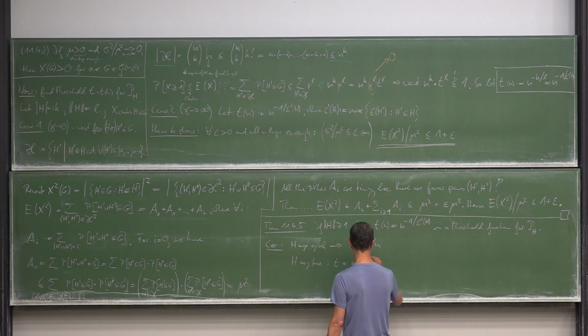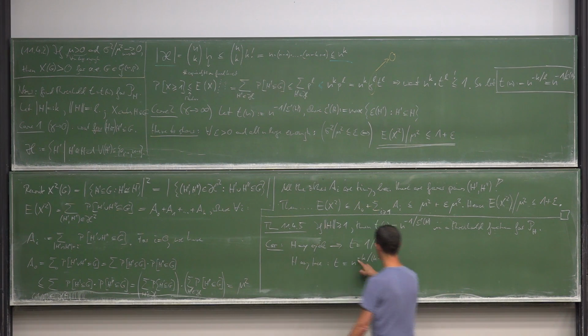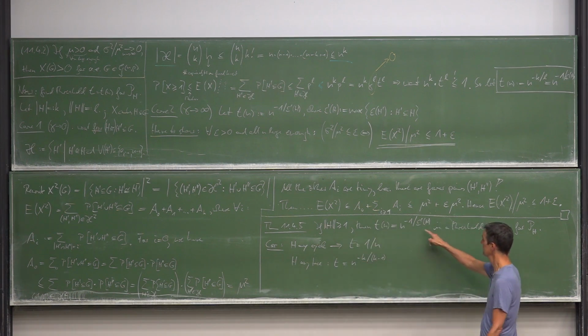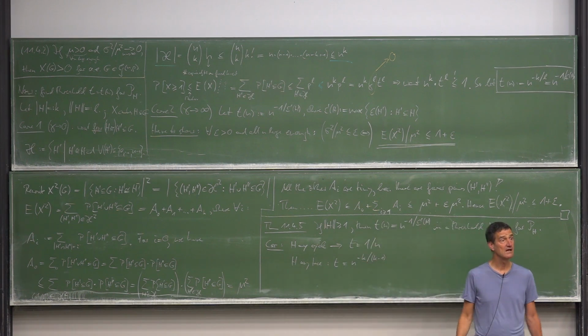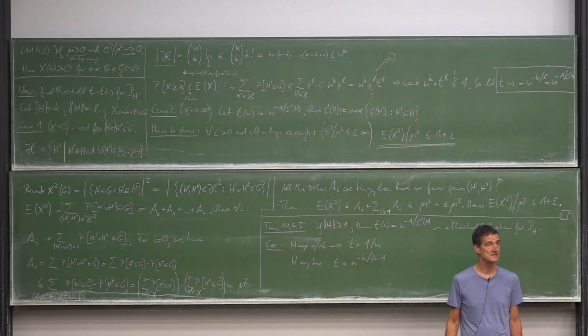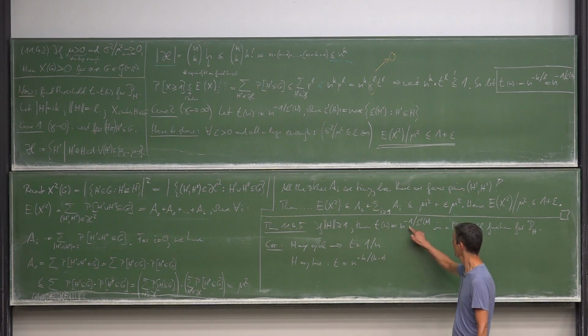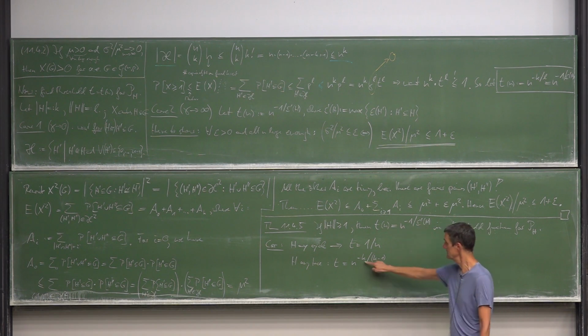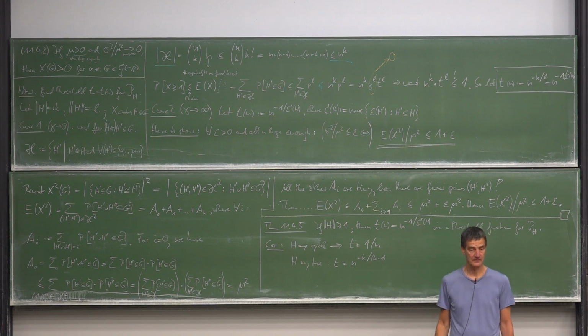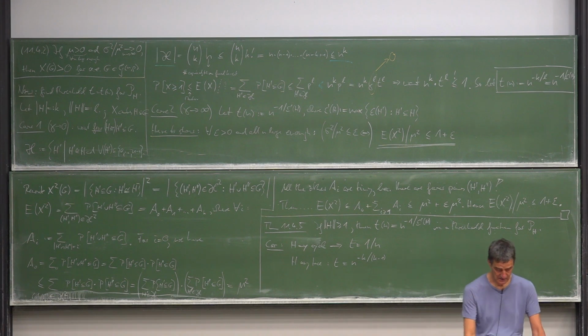Right, minus, of course. So a tree has epsilon. Well, it has one more vertices than edges, right? So 1 over epsilon is the number of vertices divided by the number of edges, which is that. Okay.